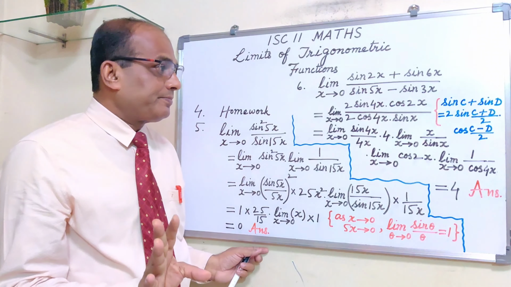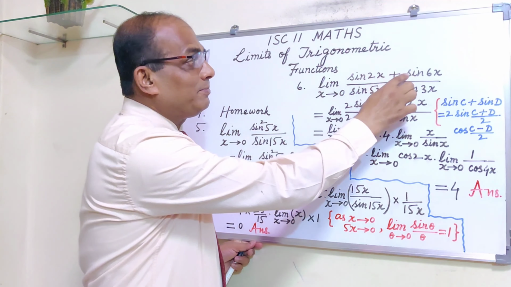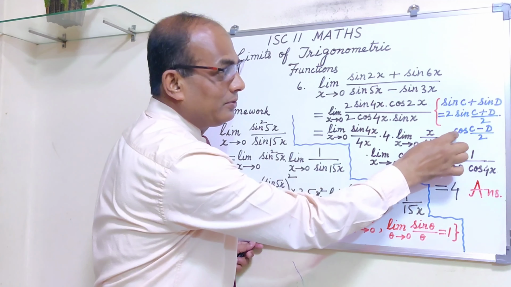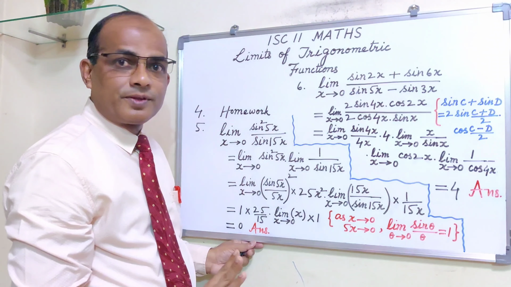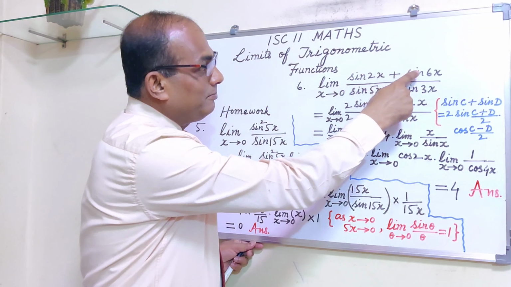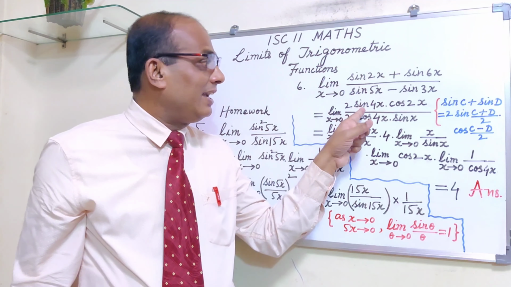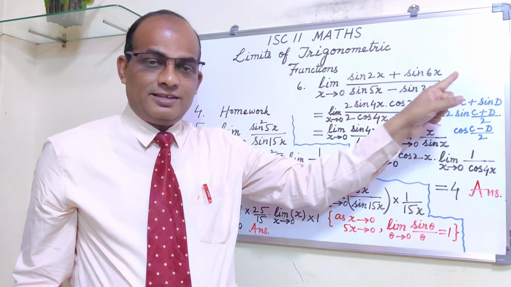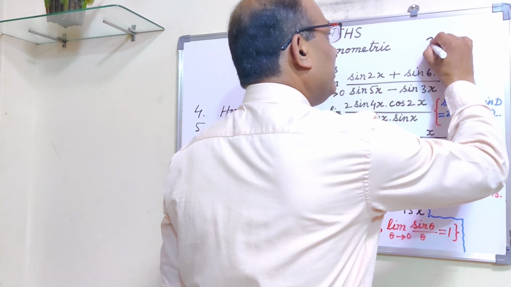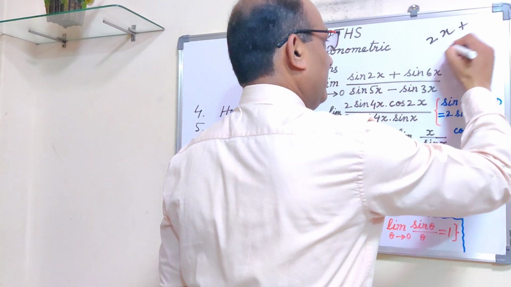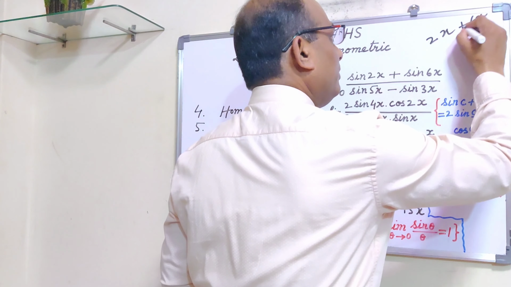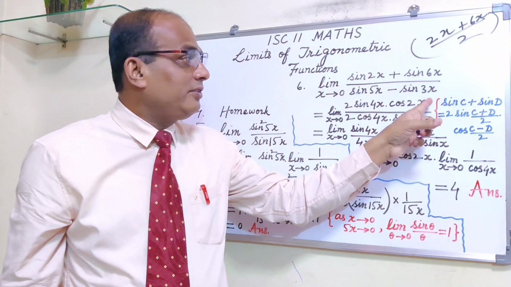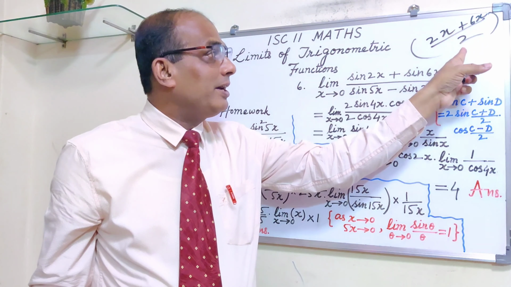Now see, sin c plus sin d is equal to 2 sin (c plus d) by 2 cos (c minus d) by 2. So sin c plus sin d is 2 sin (c plus d) by 2, that means 2x plus 6x by 2.